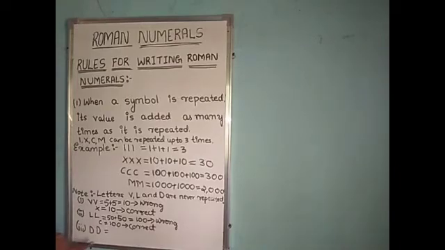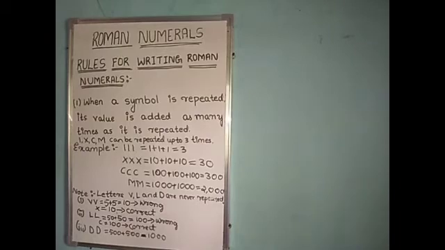Next, third one. Here, how many times is D repeated? 2 times. What is the numeric value of D? The numeric value of D is 500. So we have to add 500 2 times. 500 plus 500 is equal to 1000.